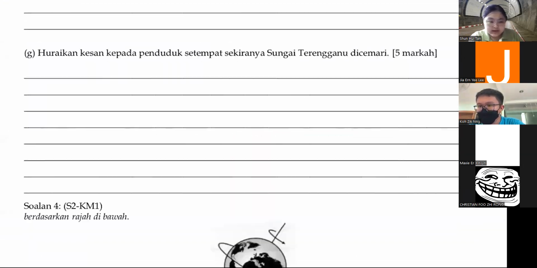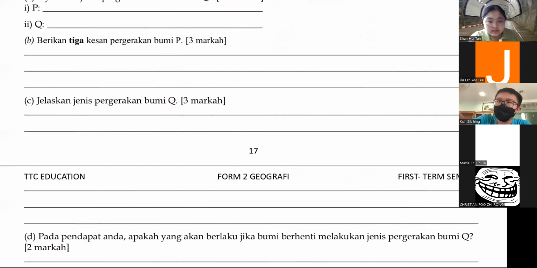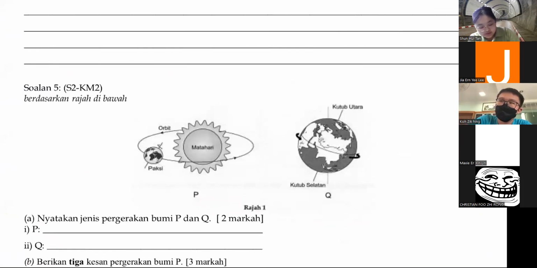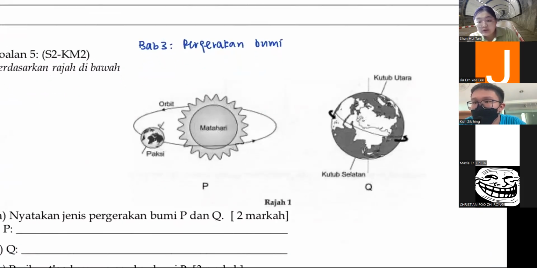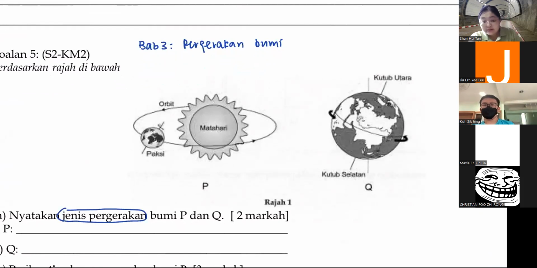Okay, fine. Here, question 5. Now, question 5 actually is chapter 3. Chapter 3, we know that it talks about pergerakan bumi, the movement of Earth. Like Earth has how many pergerakan? We have two journeys, two-way, right?